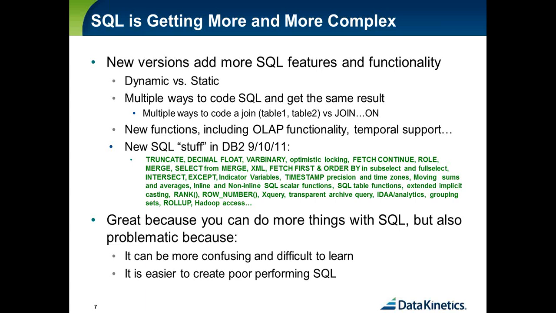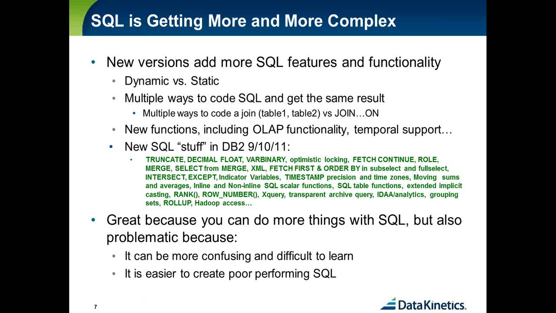Then there's those new functions, right? OLAP functionality, temporal support. These are new in the past couple releases, version 10, version 11. And if you haven't dug into the manuals and taken a look at, what is this OLAP function? How do I write a temporal query? Then you see these things for the first time, they're going to be jarring.